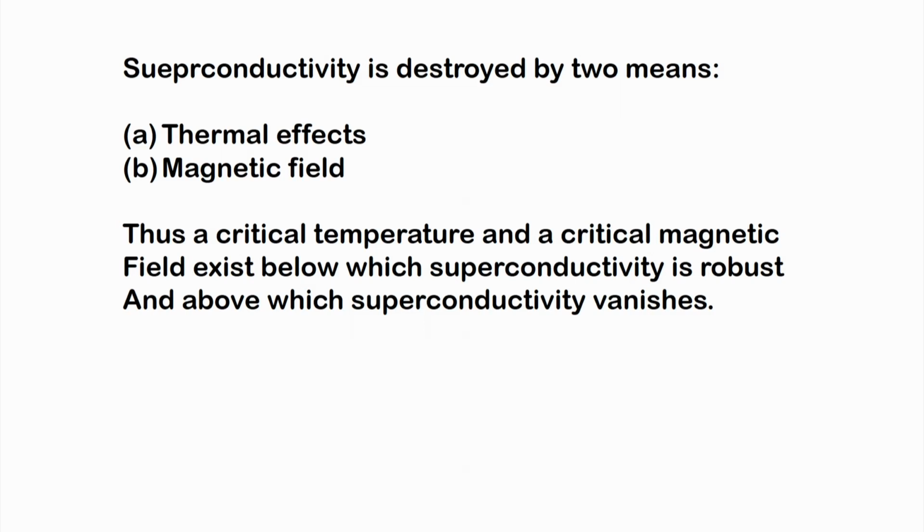It does not have to; we will see that in high TC superconductors they do not go on to a state which is exactly metallic, but there are some deviations there as well. In any case, there is a critical temperature and a critical magnetic field below which the superconductivity is robust, and above which superconductivity vanishes, which means that we have a metallic state that emerges beyond that.